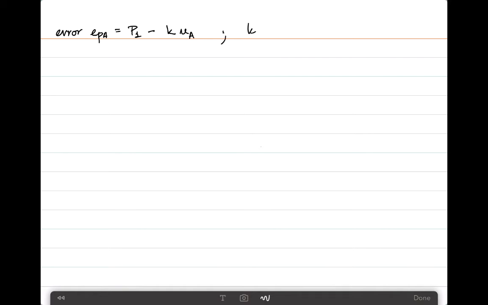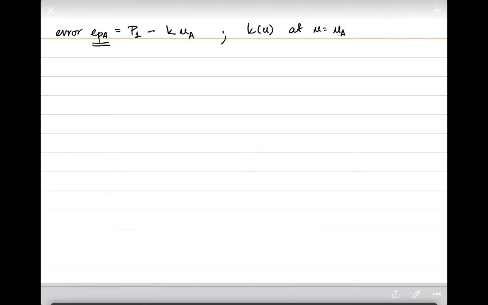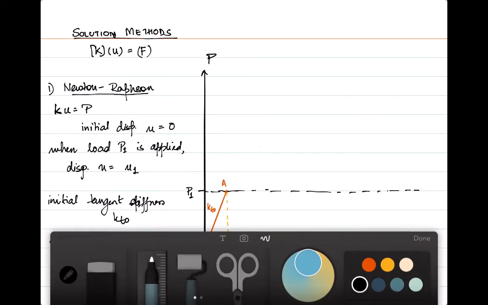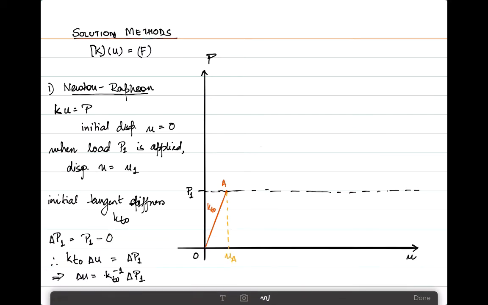Here, the stiffness K is a function of U, and this is calculated at U equal to UA. So it always leads to a certain error, EPA. Once I have calculated this error, I can remove this error from the system. I know that the error is, let's say, somewhere here, EPA.